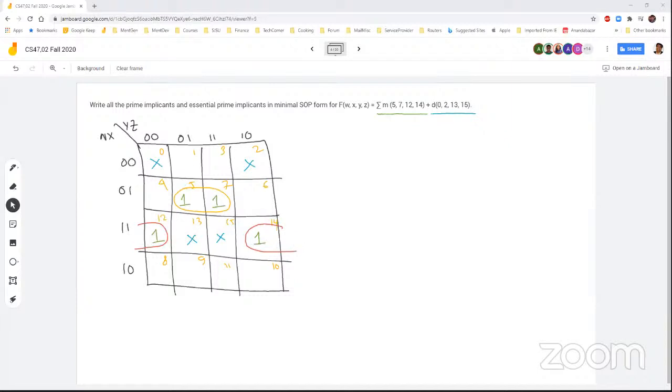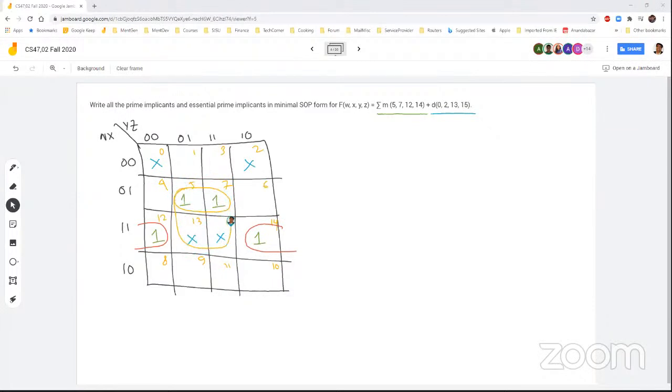Now we ask ourselves, can we use any X as 1 that can increase my group size? We readily see, yes. If we treat this X as 1, then I can increase this group. So I refine my group to a bigger one.